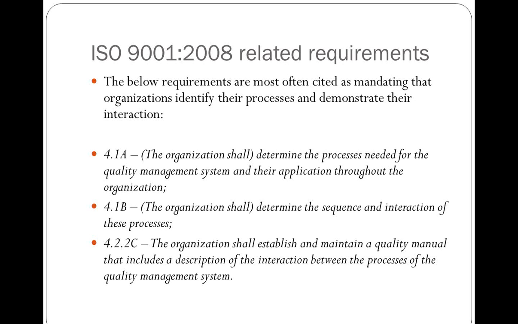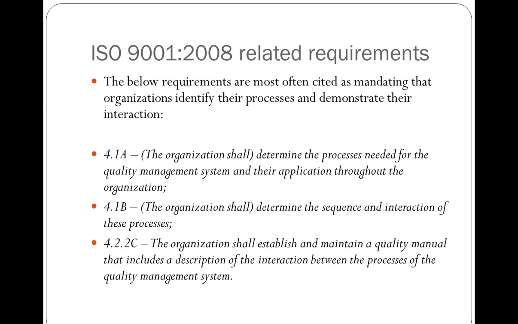In the second clause, it says the organization shall determine the sequence and interaction of these processes. And then additionally, in 4.2.2c, it states that the organization shall establish and maintain a quality manual that includes a description of the interaction between the processes of the quality management system.